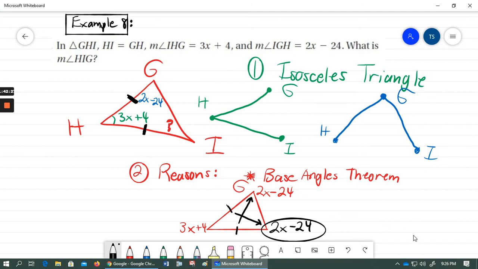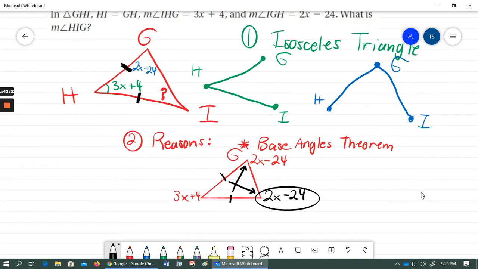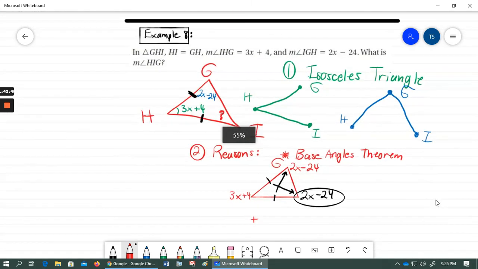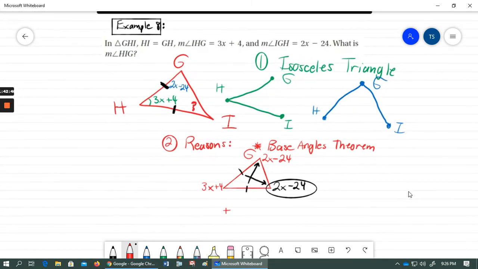Now that we got all three angles, we can use the triangle angle sum theorem, because we know that all three angles inside of a triangle are supposed to add to give us 180 degrees. Triangle angle sum theorem.